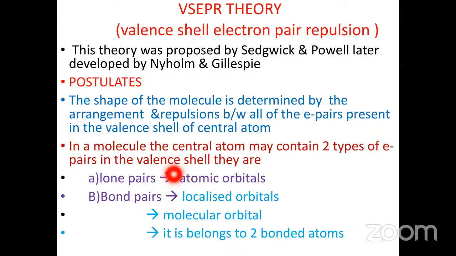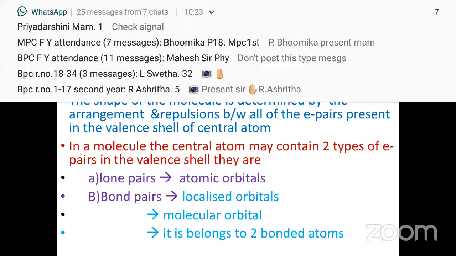Lone pairs are the electron pairs which do not participate in bond formation. These belong to atomic orbitals. Bond pairs are the electron pairs which participate in bond formation.